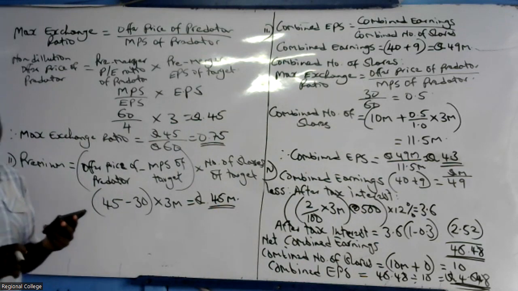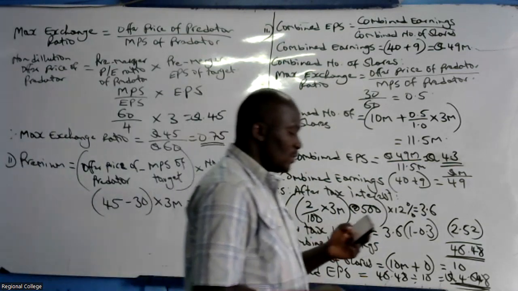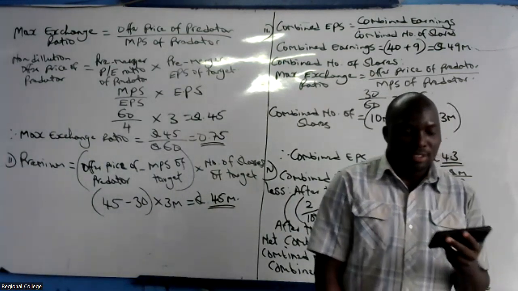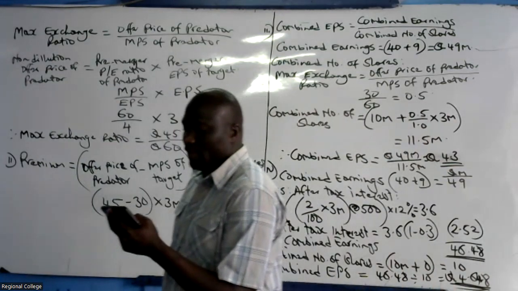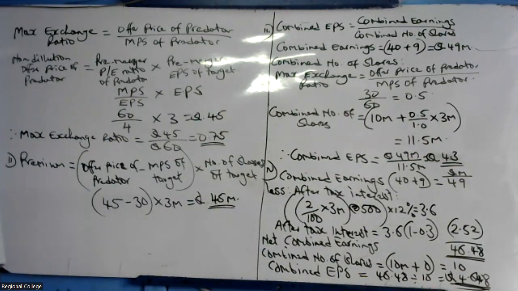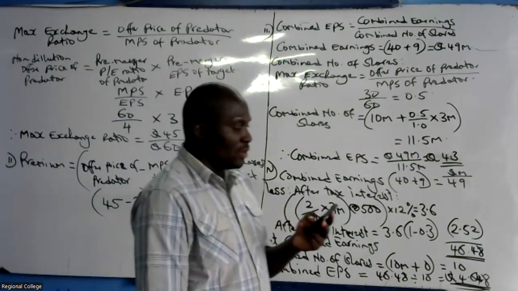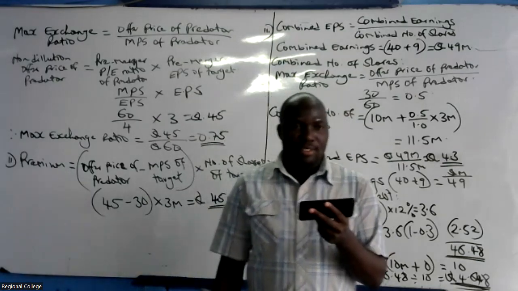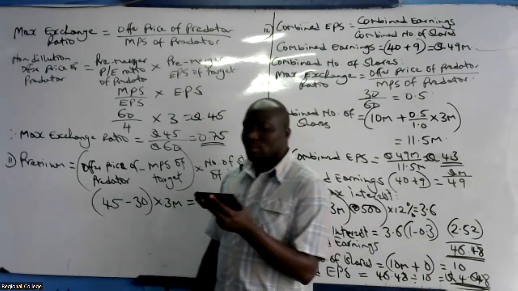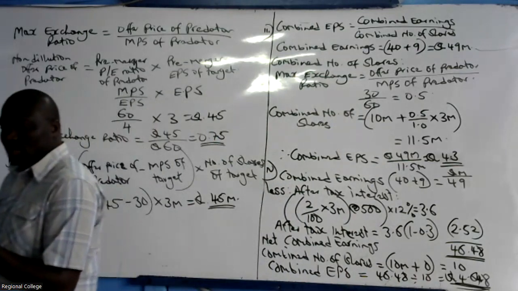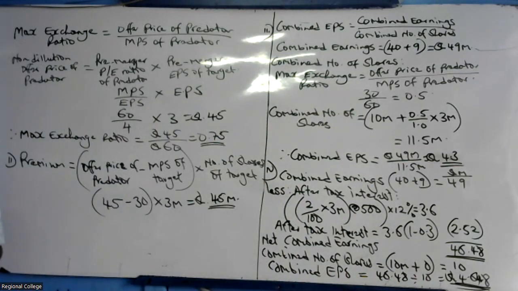The defensive tactics available to the target firm: the poison pill, golden parachute, fair price amendments, and use of crown jewels. Keep going through the theories in the notes so that you are able to get all those things.